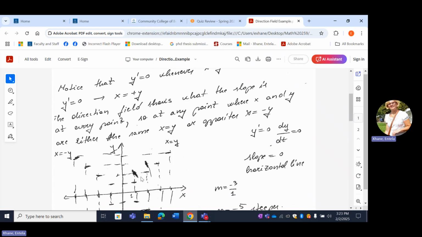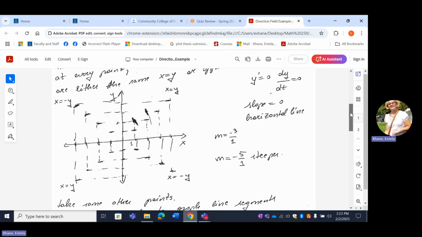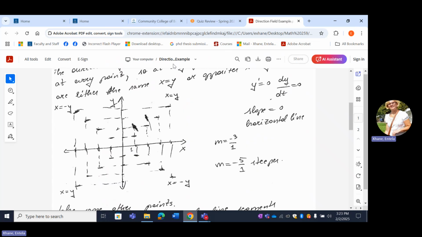X equals y is the line connecting the bisector of the first quadrant and the third. When I say x and y, these are all points of the form x1, y1, x2, y2, x3, y3, x4, y4, or x -1, y -1, x -2, y -2, x -3, y -3, x -4, y -4.